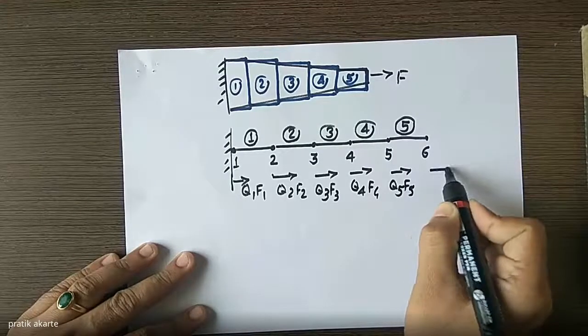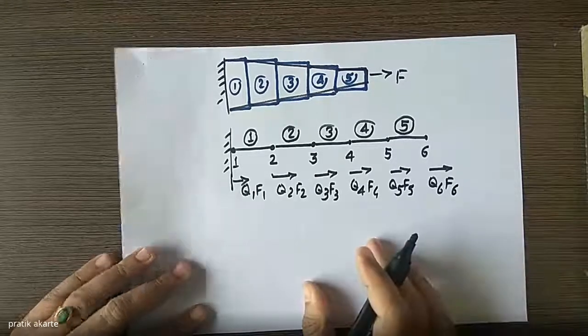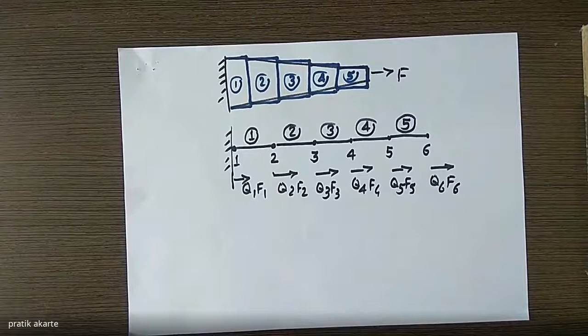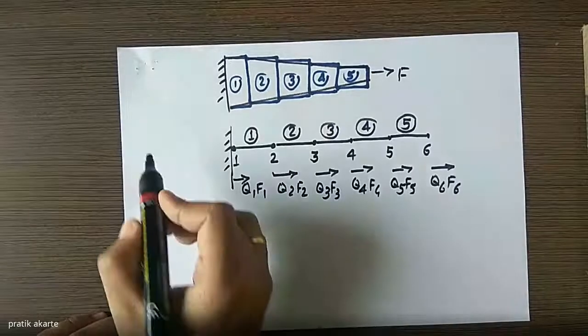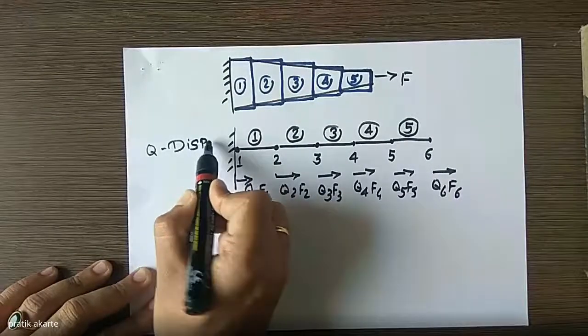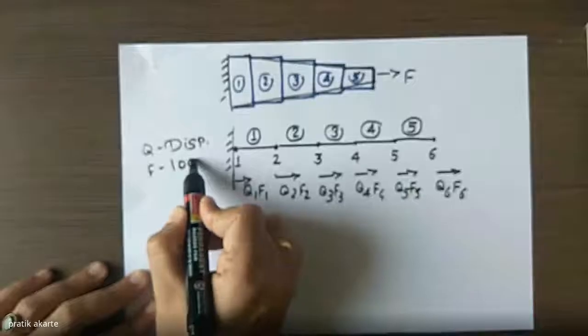So as I said at the beginning, this is the simplest type of element, the 1D spar element, which has loads and displacement only in one direction. Q indicates displacement of the node and F indicates the load or force at the node.